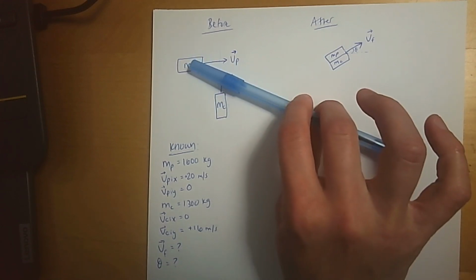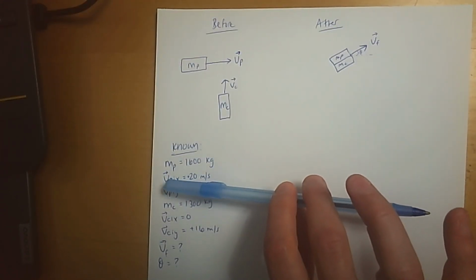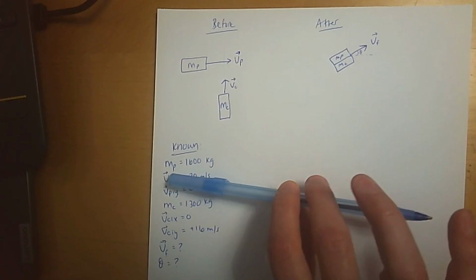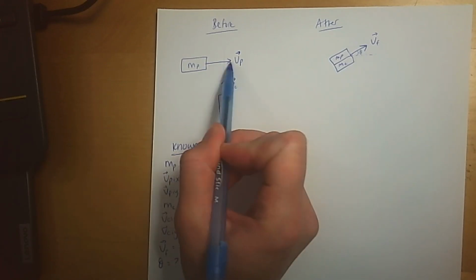I have MP as the mass of the pickup. That's 1,600 kilograms. The initial x component of the pickup's velocity, that variable has a lot of subscripts here. It's v for velocity, with subscript PIX for the initial x component of the pickup. And that's positive 20 meters per second, to the right.